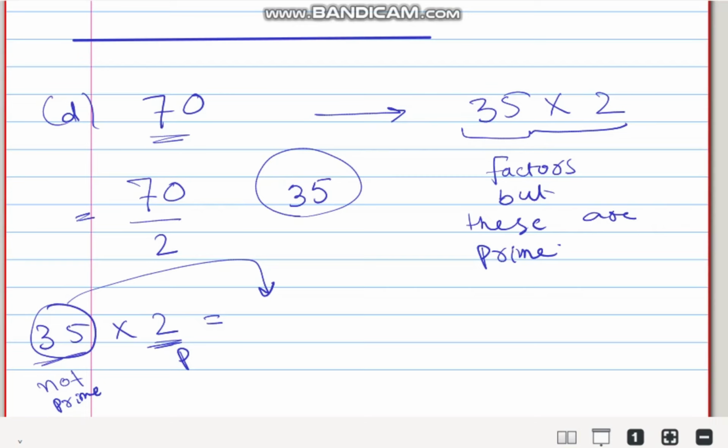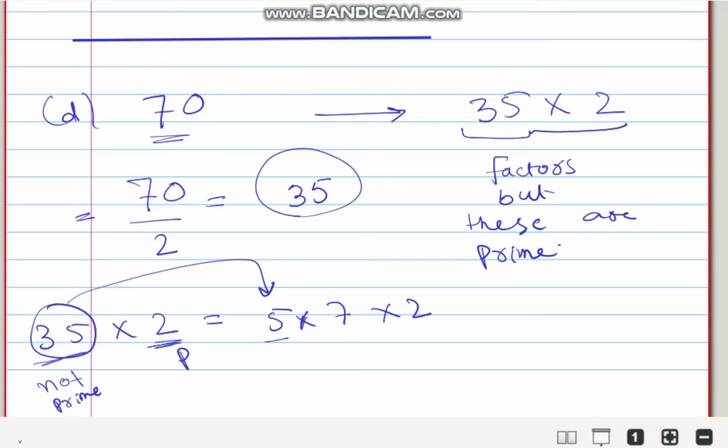In our mind, it can easily come that 5 multiplied by 7 is 35, and the 2 will be written the same. So what we have got is 5, 7 and 2.